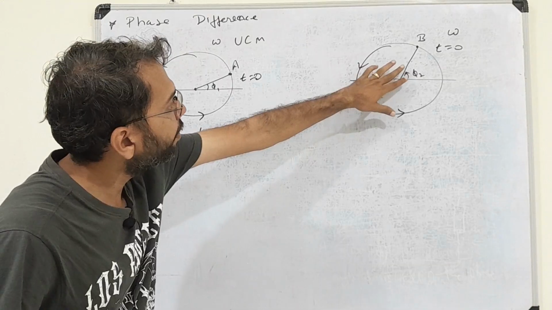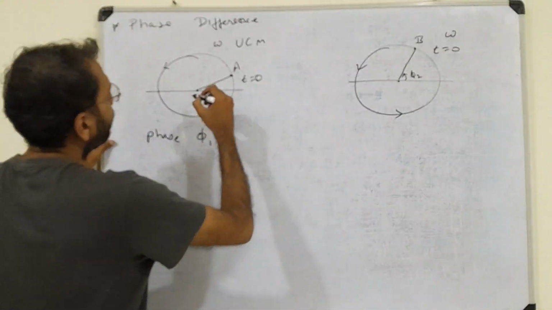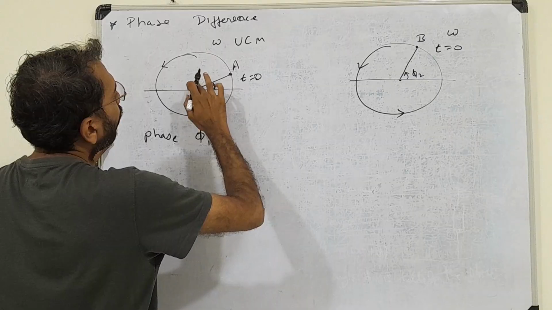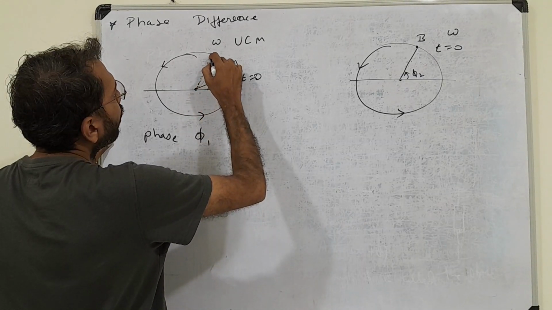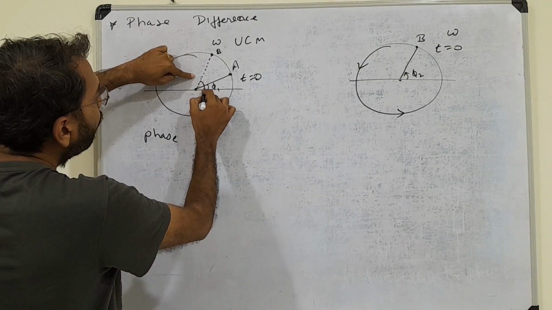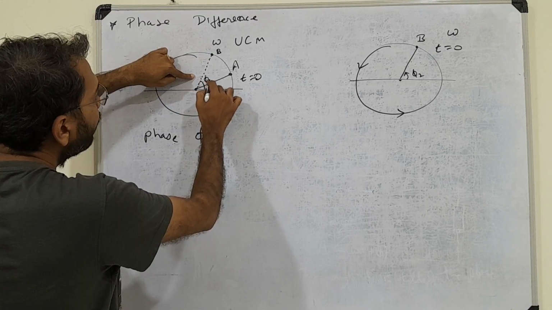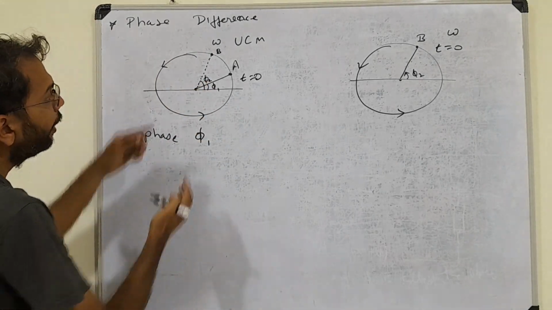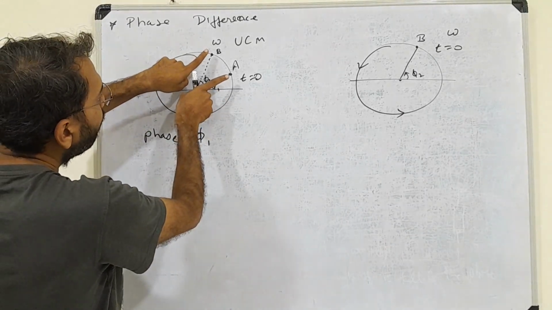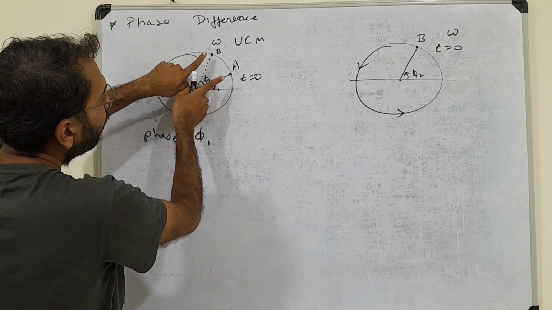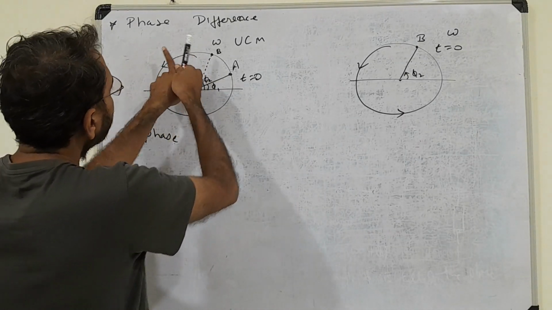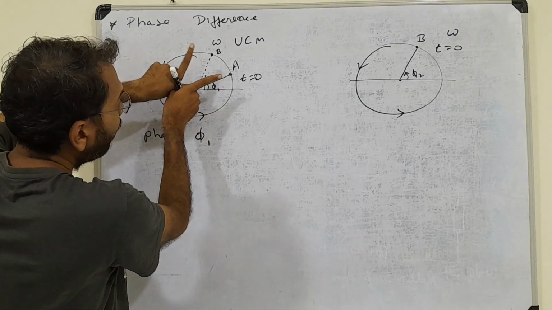Now you see, if I project this over here, then the diagram will look something like this. This is the location for B, and if I draw the starting phase of this, then it is this phi 2. So what will the motion look like? This B will always appear to be ahead of A, and the particles will go like this. So there will always be some angle between the two.